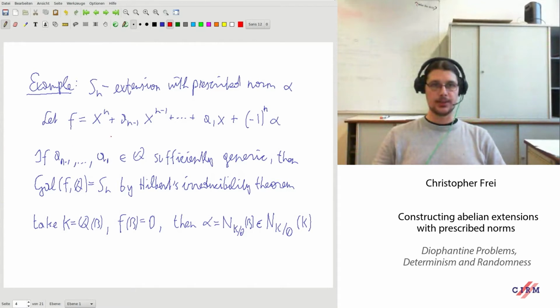I can do this by just writing down a generic polynomial, x to the n plus a_{n-1} x to the n minus 1, and so on, for which the constant coefficient is the correctly scaled alpha.